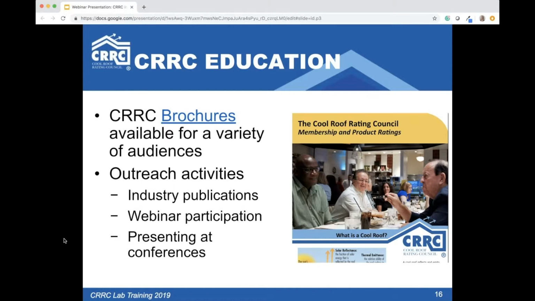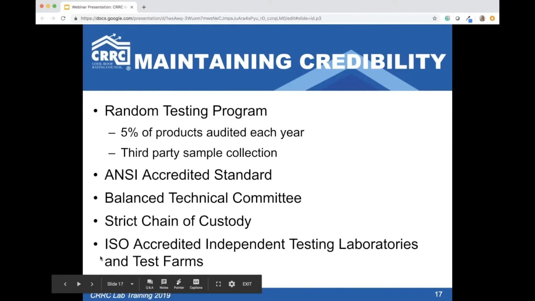We try to do at least a couple a year on various topics, either an introduction to the CRRC and what we do, or sometimes it can be more specific depending on what they're looking for.